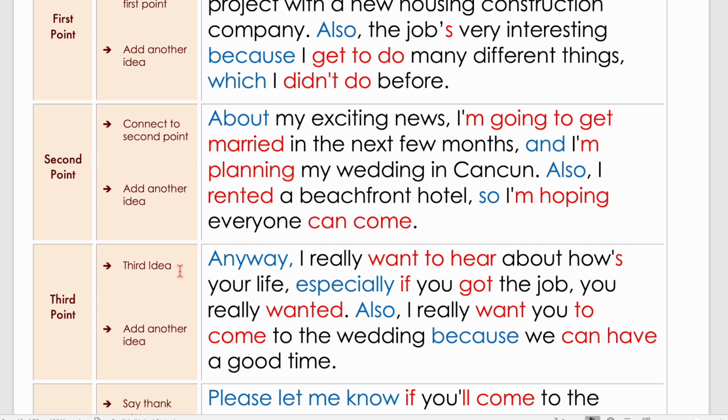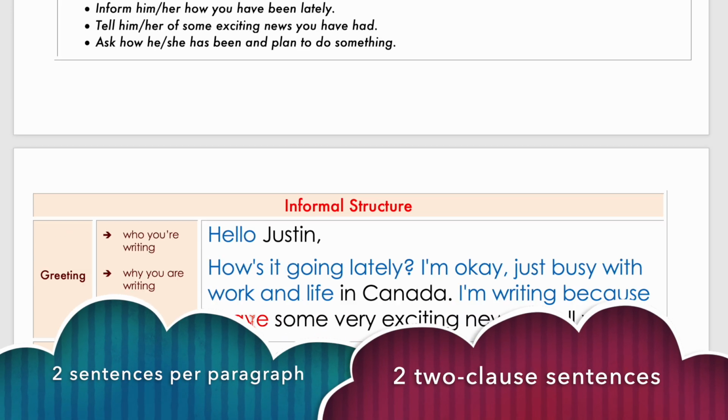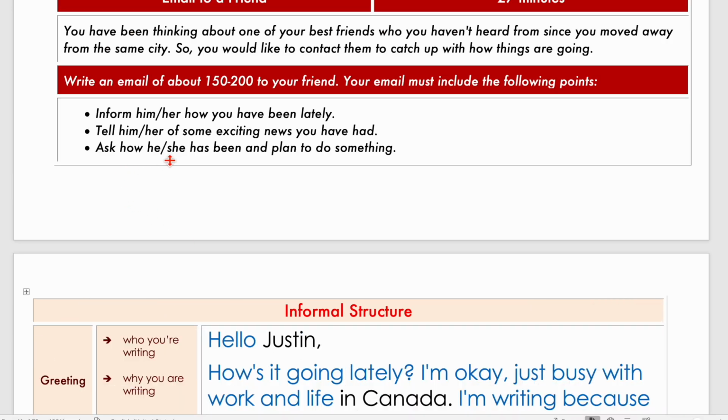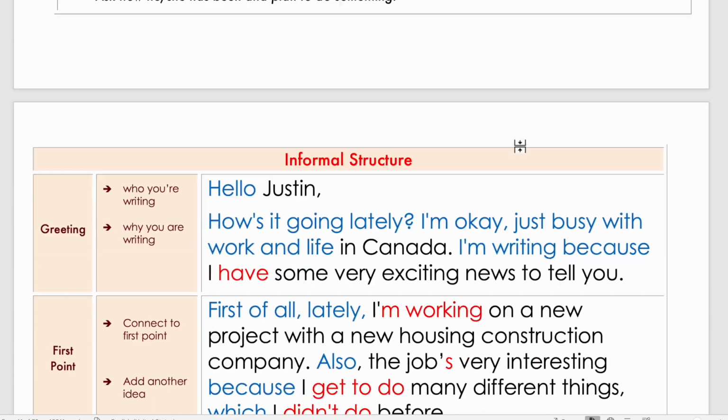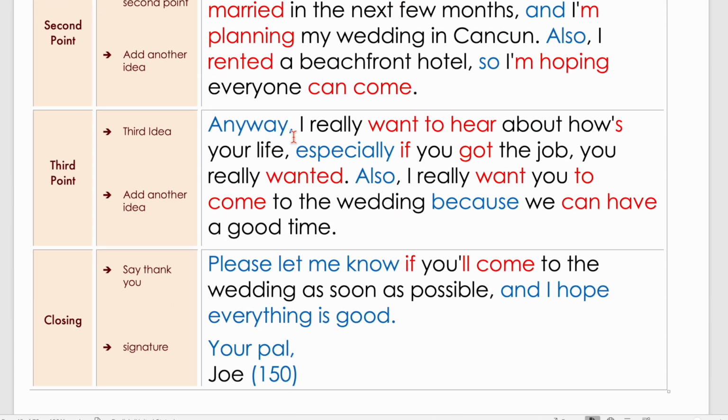Third point, third idea, add another idea. Ask how she has been and plan to do something. Anyway, I really want to hear about how's your life, especially if you got the job you really wanted. Also, I really want you to come to the wedding because we can have a good time. Very good. And lastly, closing, say thank you and your signature.